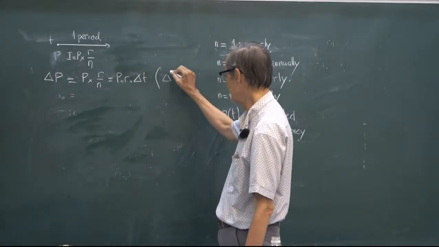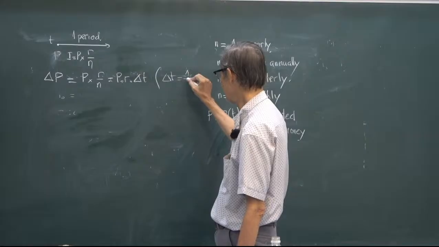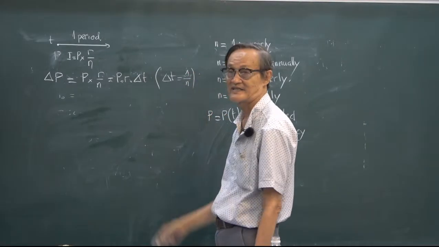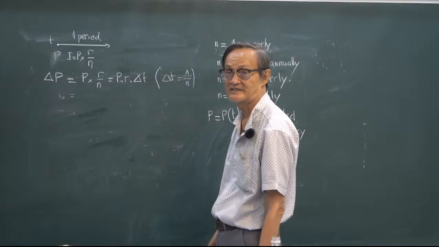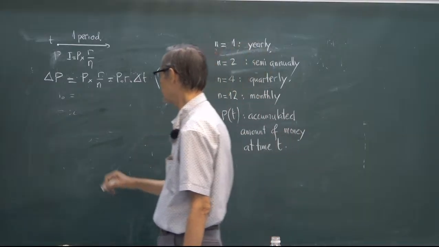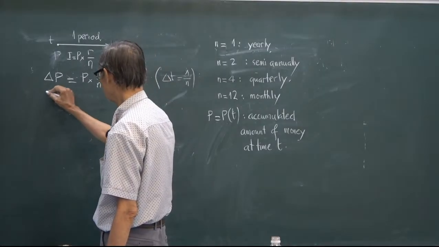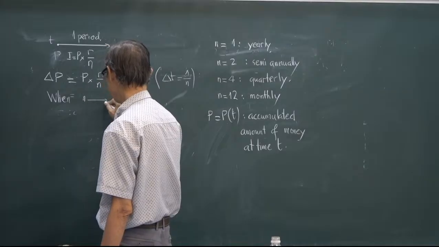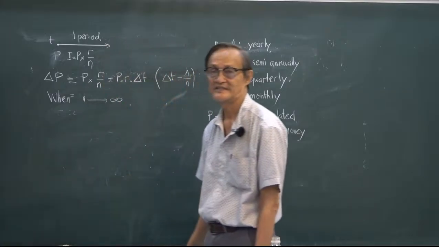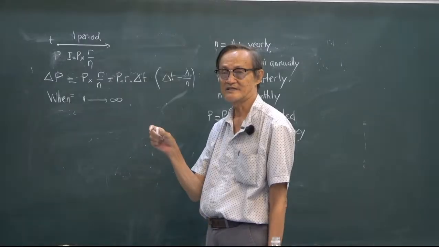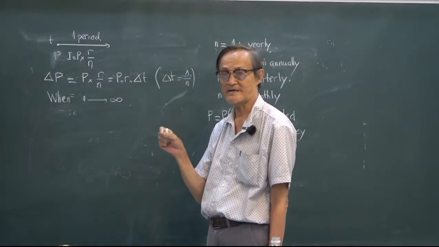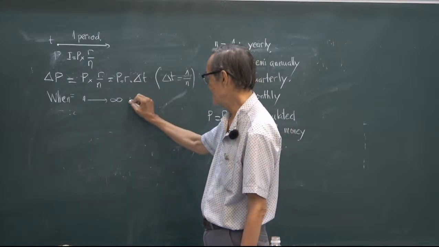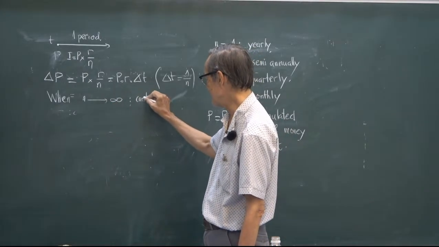Delta t is 1 over N. Now, when N tends to infinity, the number of interest payment periods tends to infinity, we have continuously compounded.